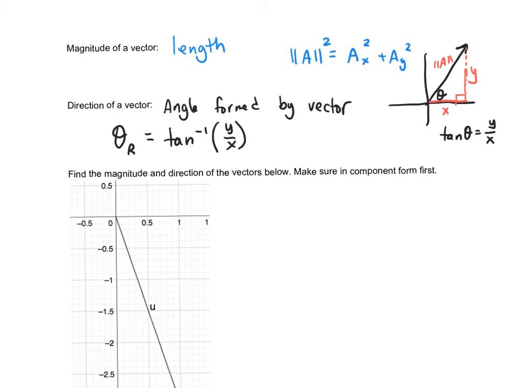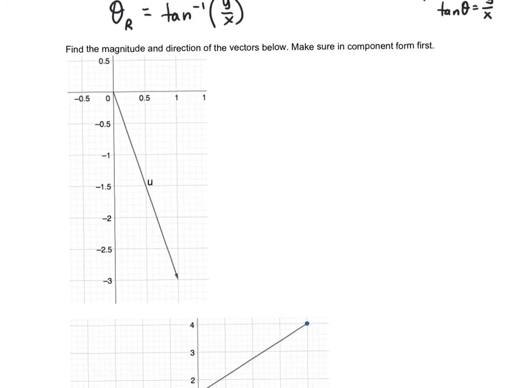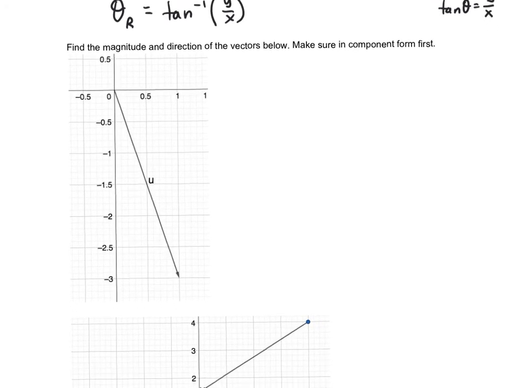So let's look at a couple examples. We're going to try to find the magnitude and direction of a couple vectors. So we'll of course put it in component form first. In this case, for our vector, we're going over 1 and we're going down 3. So 1, -3 is our vector. Remember, the magnitude is this distance here. In this case, it's u.